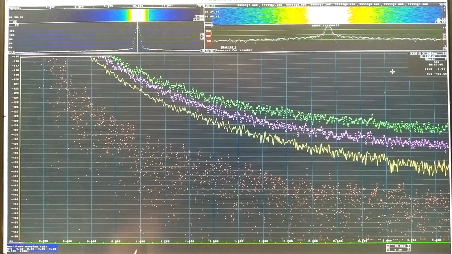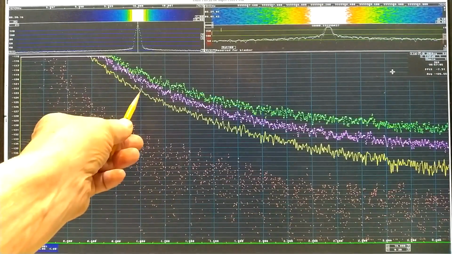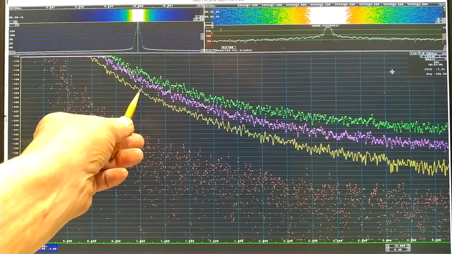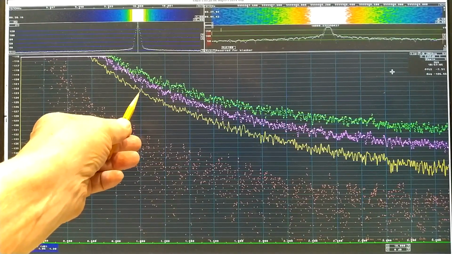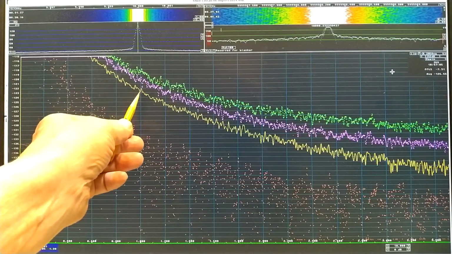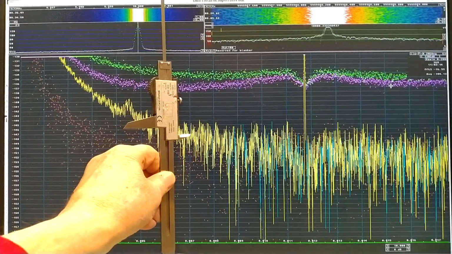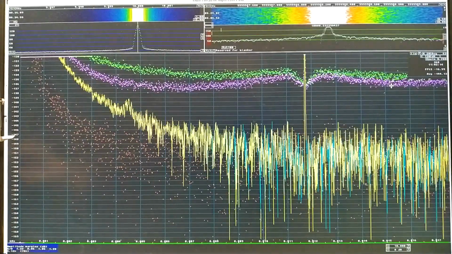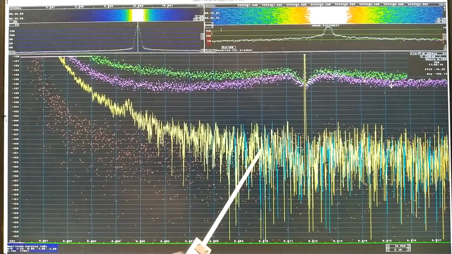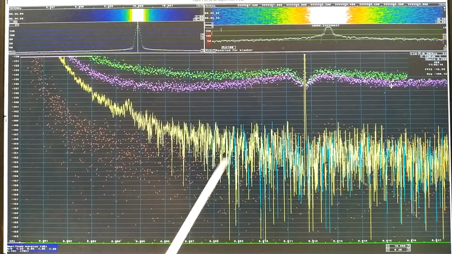At 1 hertz, minus 122.5. That's about 5 decibels better than at the previous measurement. At 7 hertz, I'm about here. That's minus 147. And higher I cannot see because the noise level is too high.